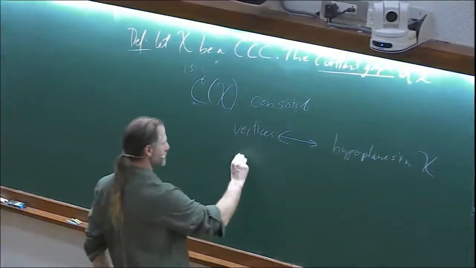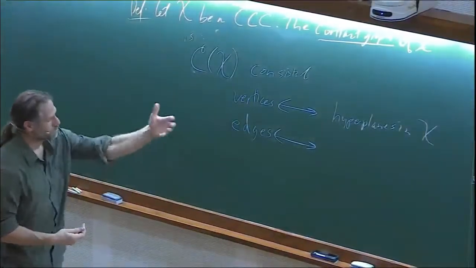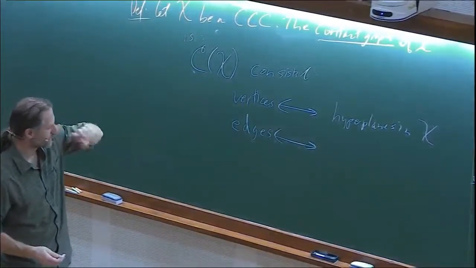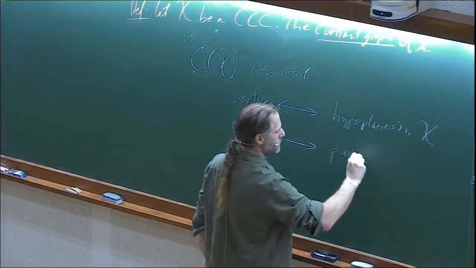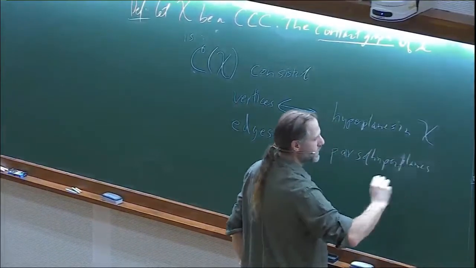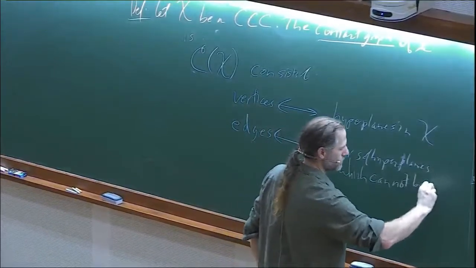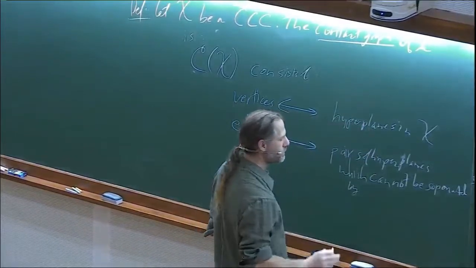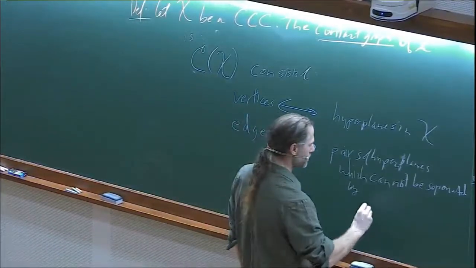And what are the edges? It turns out that the right analog of the curve complex of the mapping class group is to build edges corresponding to pairs of hyperplanes which cannot be separated by a third. They don't have to be disjoint.